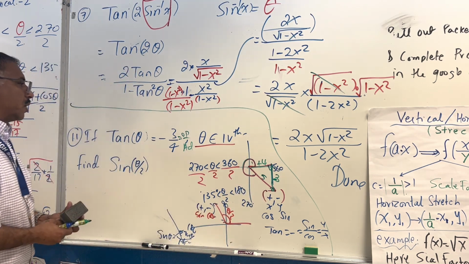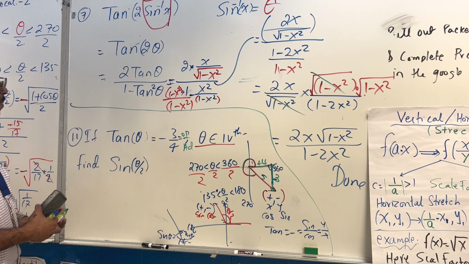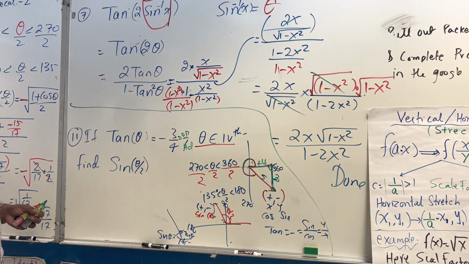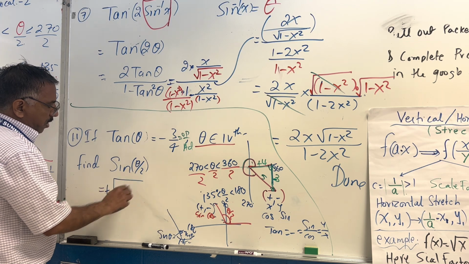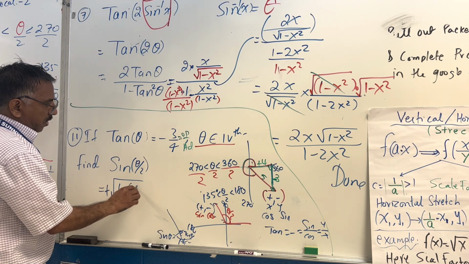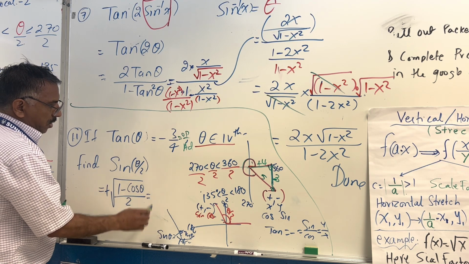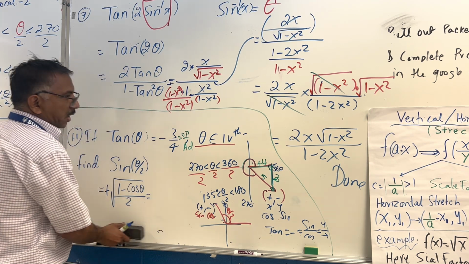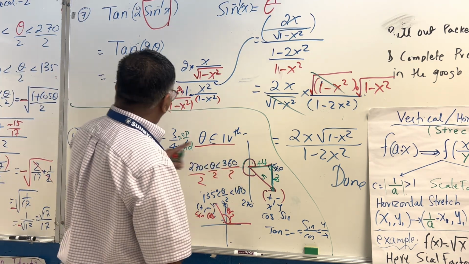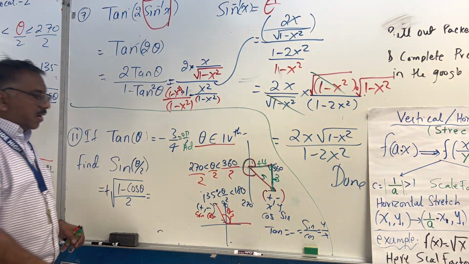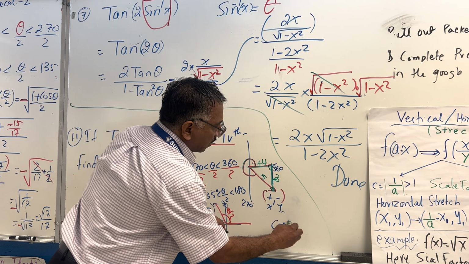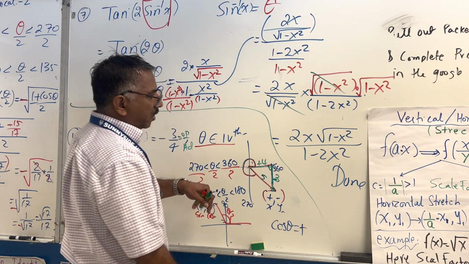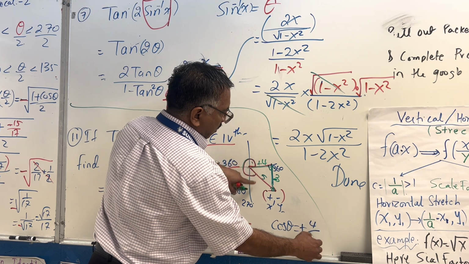So we need to figure out what is sine of theta by 2 from cosine theta. This basically is plus square root of 1 minus cosine theta divided by 2. You know tan theta is minus 3 by 4, so cosine theta from here, in the fourth quadrant, cosine is positive, and it's going to be 4/5.